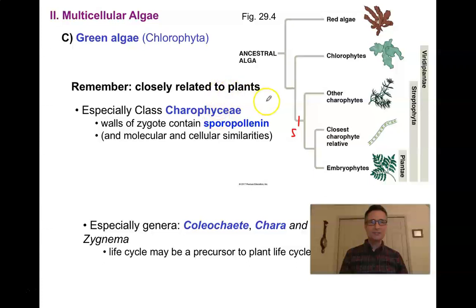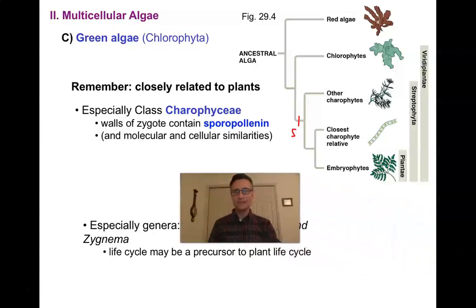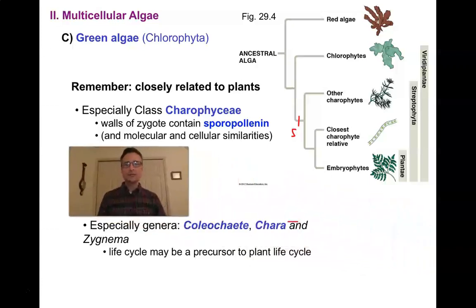However, you see that even within our charophyceans, there are other groups over here. It seems that some charophyceans are particularly closely related to plants, and those would be three genera: Coleochaete, Chara, from which the charophyceans get their name, and more recently it seems like maybe Zygnema might also belong to this group as well.